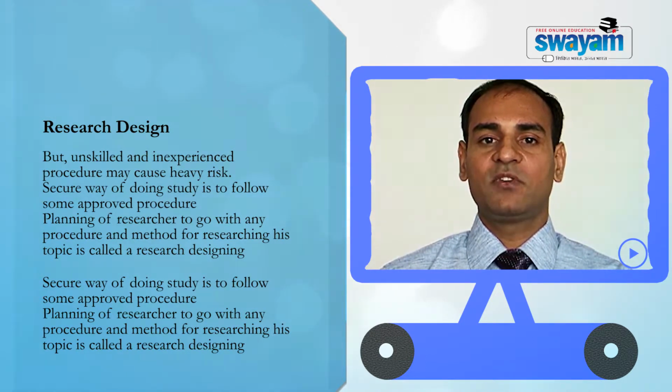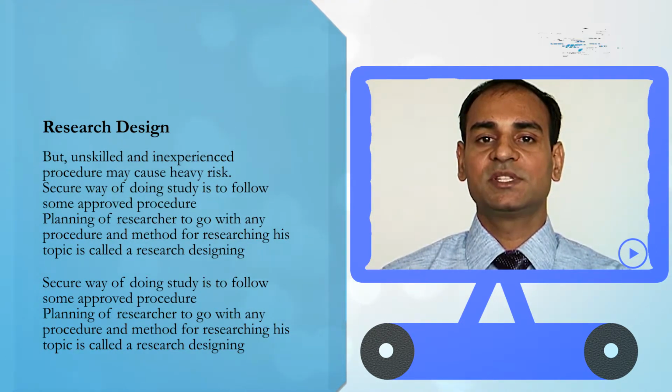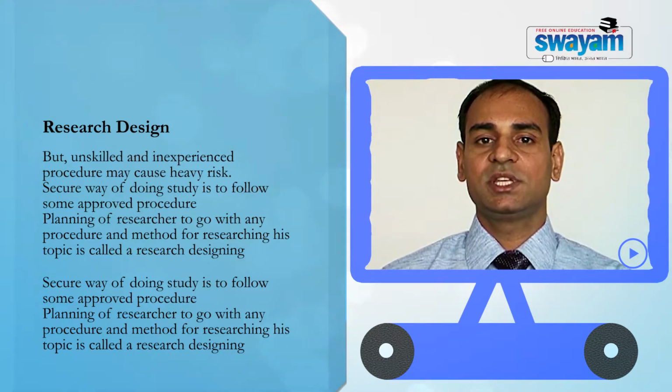This is the pattern of working research. If the person is already familiar, experienced in doing research in any particular area of study, he can follow that common pattern. But if he has no experience, no knowledge, in that case it is better to go with the experience and pattern followed by the previous researchers for researching problems similar to the present one.